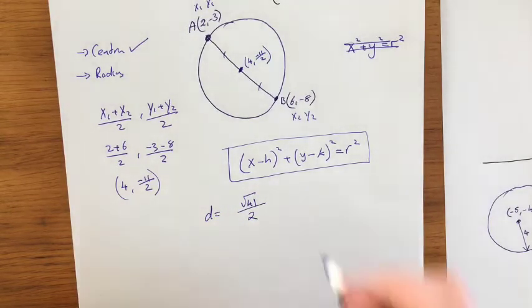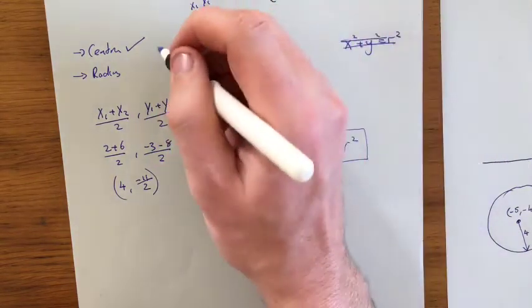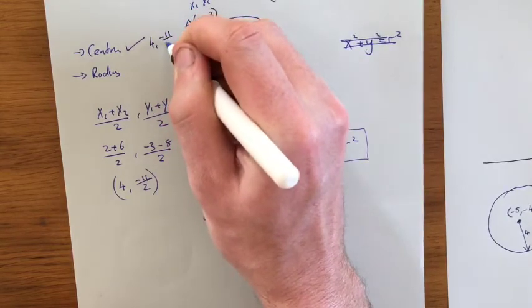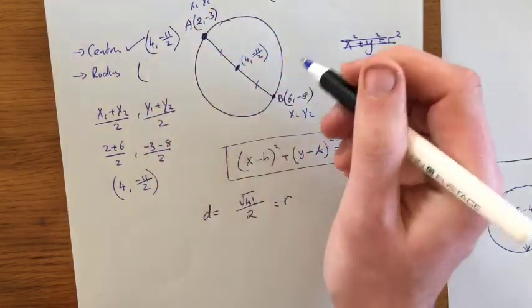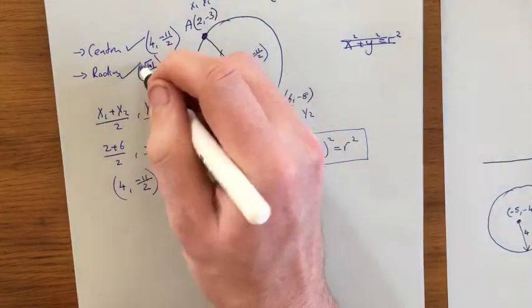So that means that that's actually our radius as well. So now we know everything. Now we know the center is 4 and minus 11 over 2, and we know that the radius is the square root of 41 all over 2. So now we know everything.